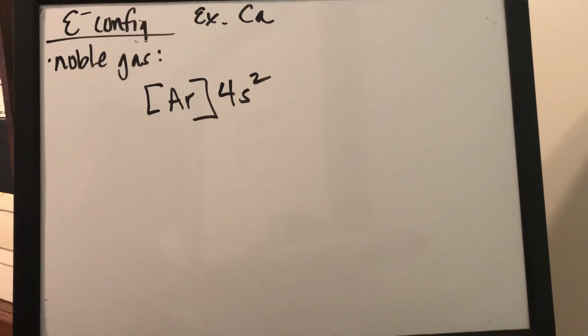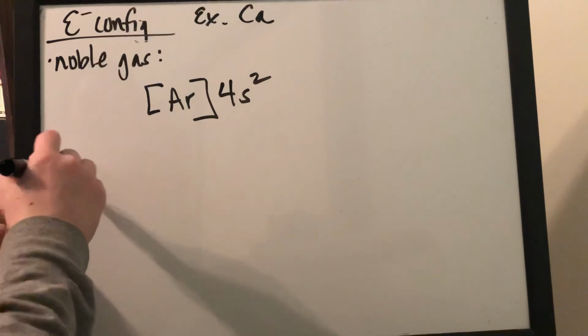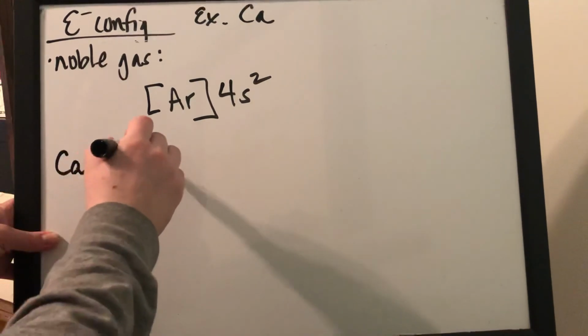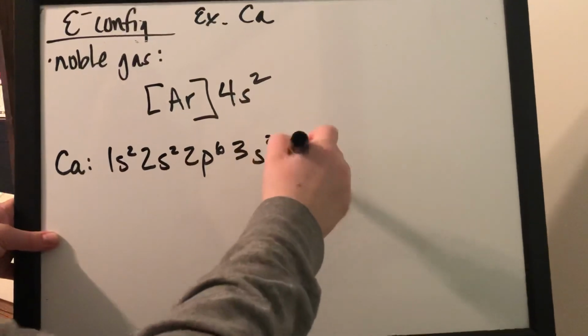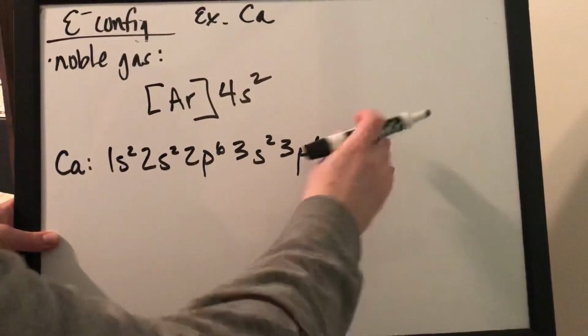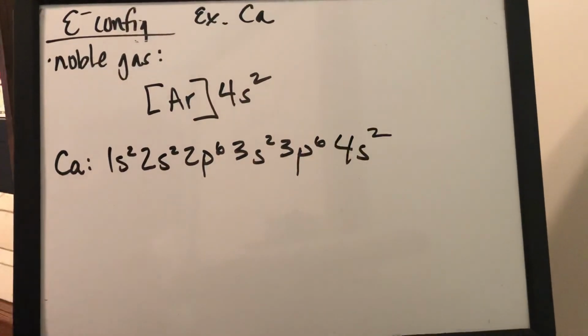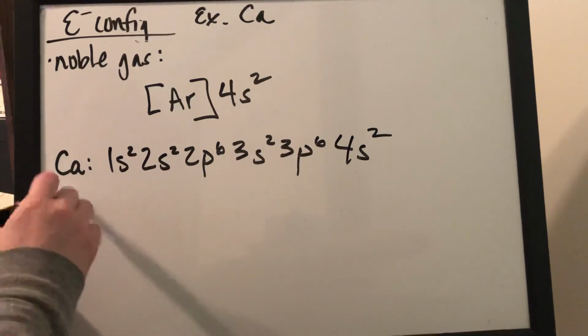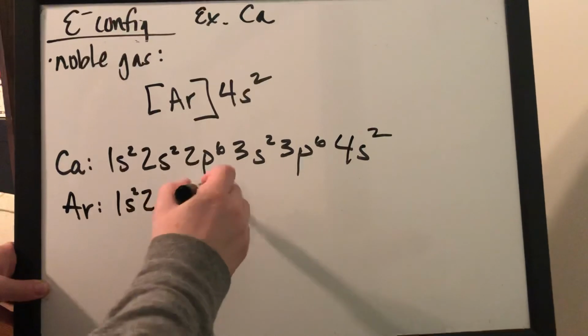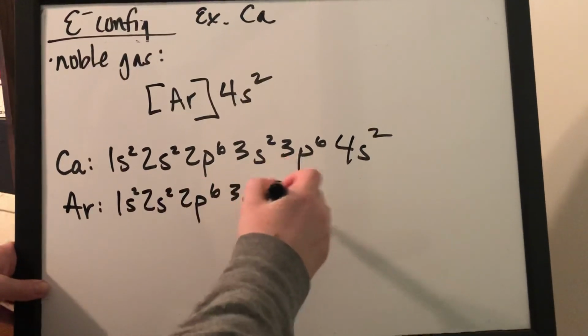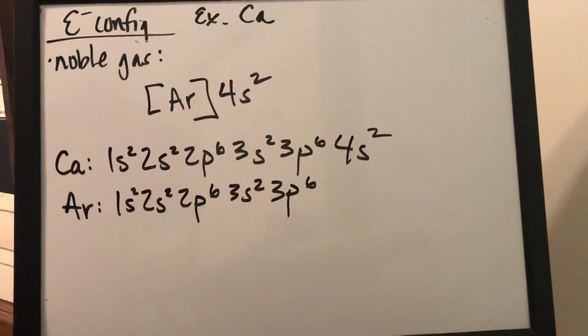I'll show you why it works, and then we'll be done. So if you recall calcium's configuration that we just had up here, okay, that's calcium's configuration. Well, argon's configuration is this.